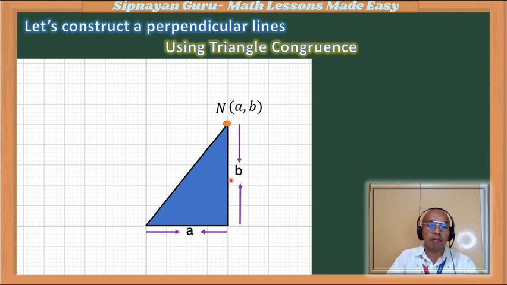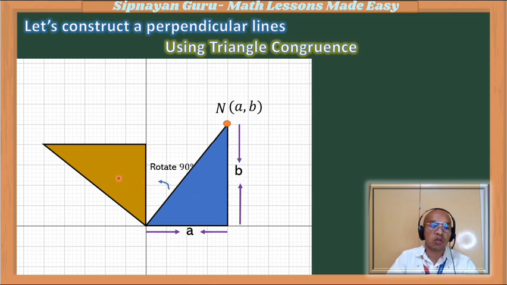Now, in geometry, we have different transformations, and one of the transformations is called rotation. If we rotate this triangle 90 degrees, this would be the orientation of our triangle now. We have this point, and this is point P. As you can see, if this triangle is rotated 90 degrees, this side now would be this side.